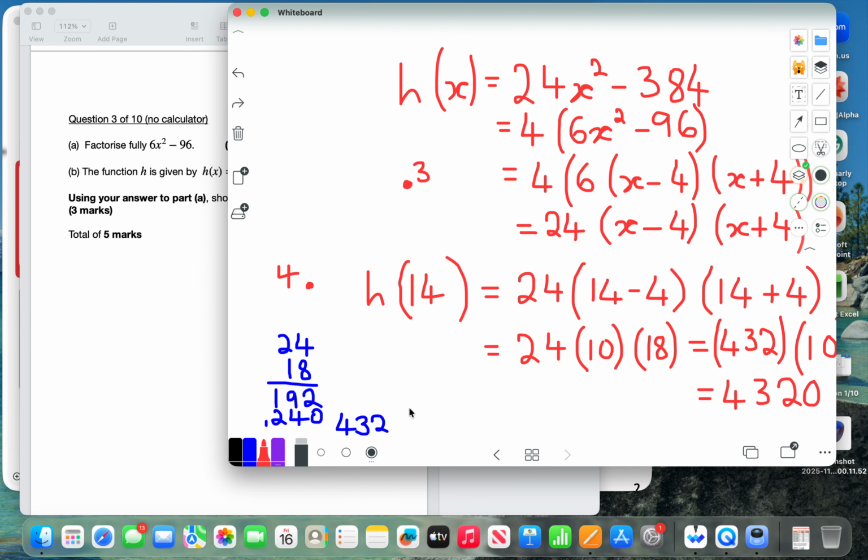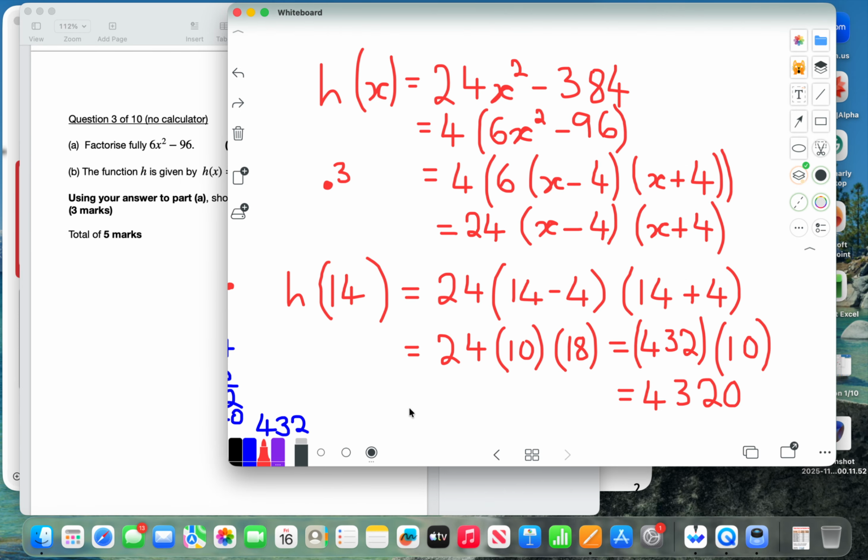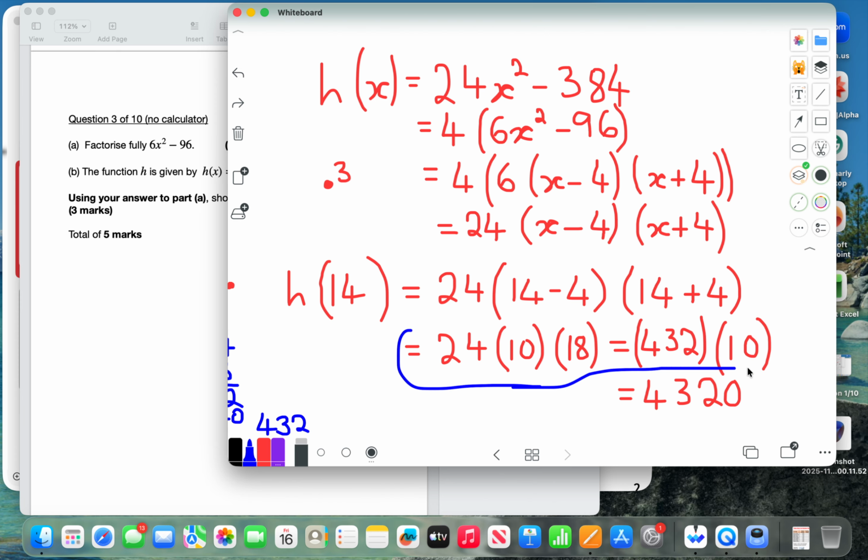I'm doing that just as a sanity check. But you do have to show that you couldn't just substitute 14 minus 4, 14 plus 4 and skip this. You couldn't skip this because you have to actually show all of the steps, and this would be mark number 5.